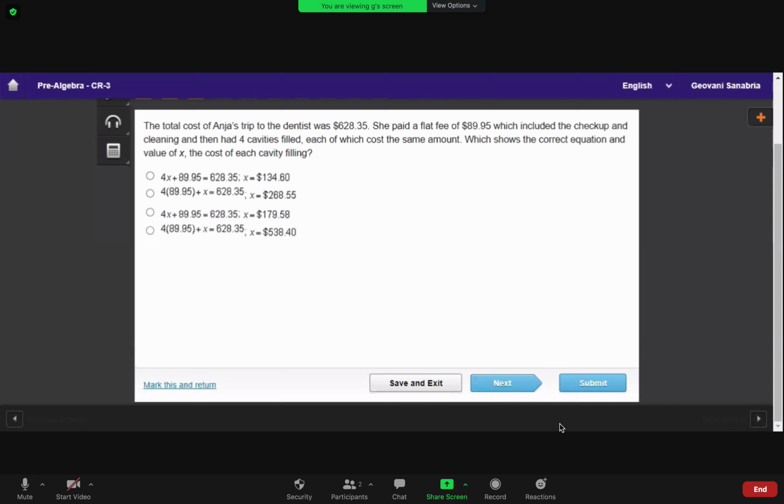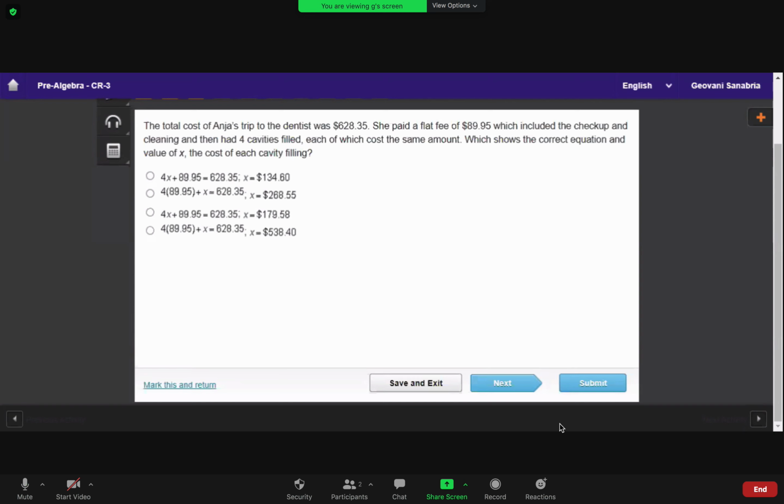So a lot of the time, whenever they say the total amount of something, there's usually a complicated equation or expression on one side, then it's equals, and then it equals the total, because the whole point of the equation is to do some math on the number and end up with a total. So on one side of the equal sign, usually, not all the time, is the total.